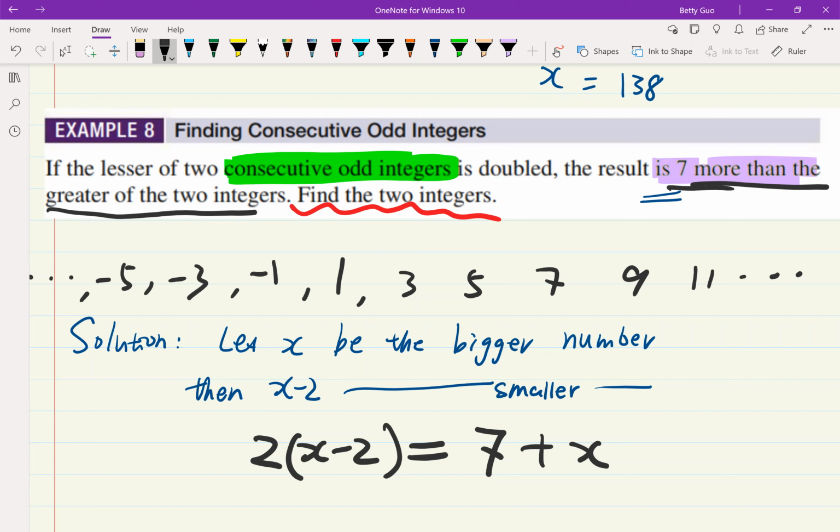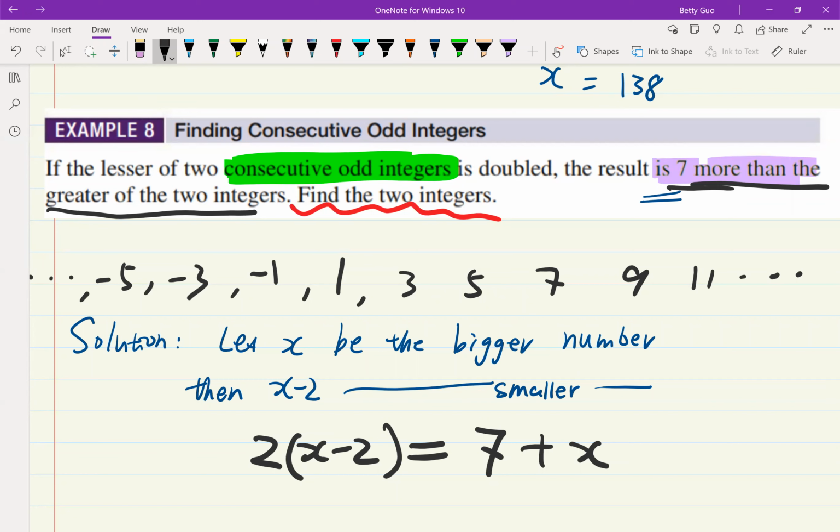This is the bigger number of the two consecutive odd integers, right? If the lesser, which is X minus 2, is doubled, that means multiplied by 2, right? Equals 7 more than the bigger number. Then that's the equation. Do you see that?